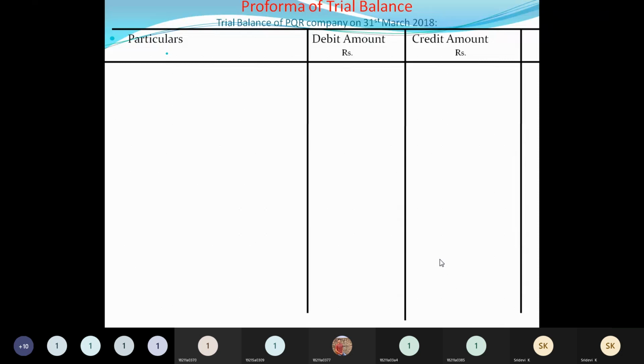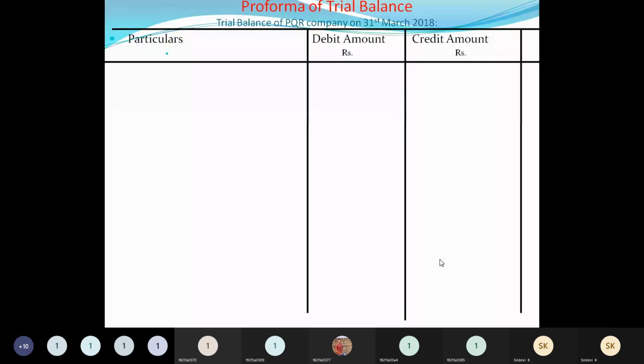We can create this trial balance by using two types of methods. One is the differences between the accounts, which we call balance carried down, which we have identified. So if you prepare the trial balance by using that, it is called the balance method. Balance method of preparing the trial balance.